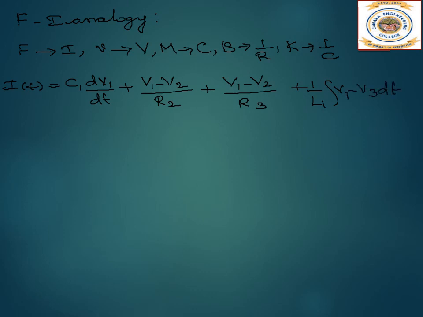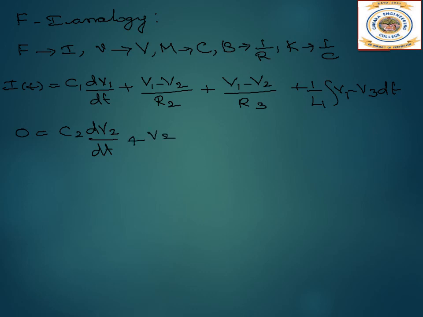Equation 1. Equation 2: 0 equal to C2 dV2 by dt. This is the same as before: first we wrote the equations with M1 dv1 by dt plus B2 into (v1 minus v2) plus B3 into (v1 minus v2) plus K1 integral (v1 minus v3). We take the same thing, but now we substitute the force-current analogy; previously we substituted force-voltage, now we are doing force-current.